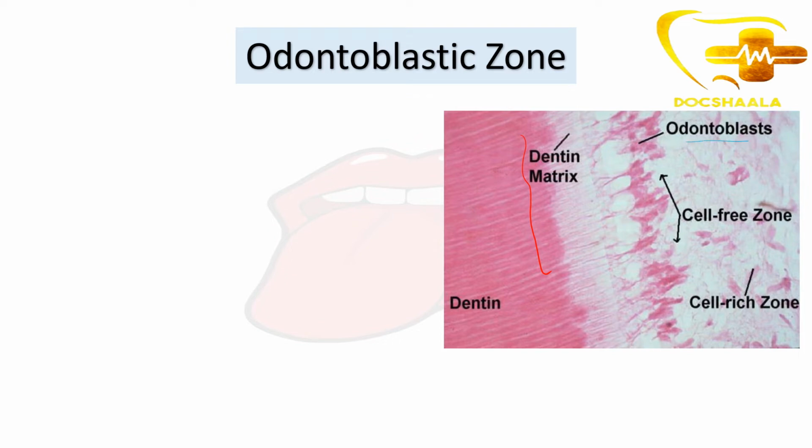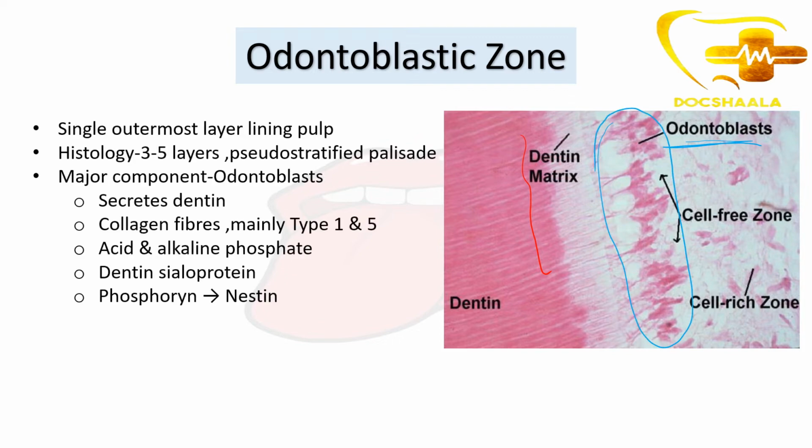This entire zone is the odontoblastic zone. The odontoblastic zone is the single outermost layer lining the pulp, with a histology of 3 to 5 layers, arranged in a pseudo-stratified palisade fashion.